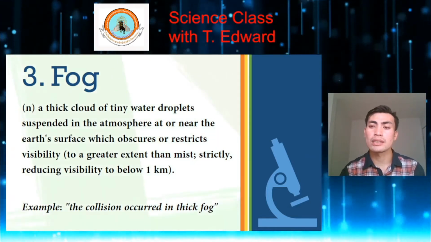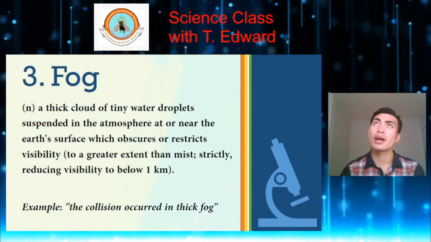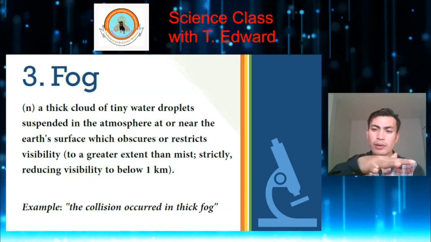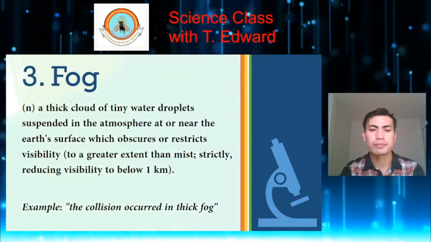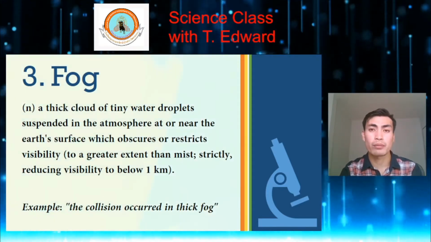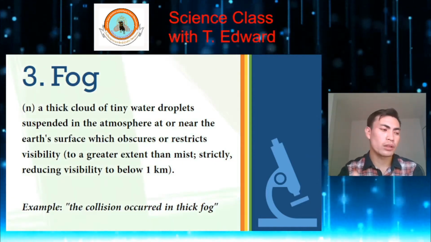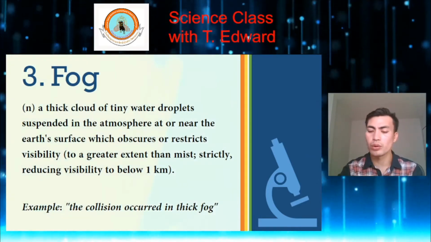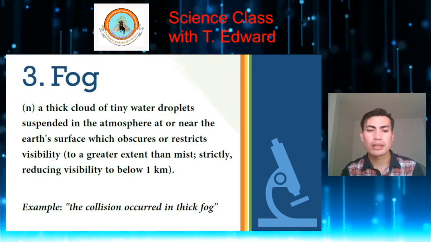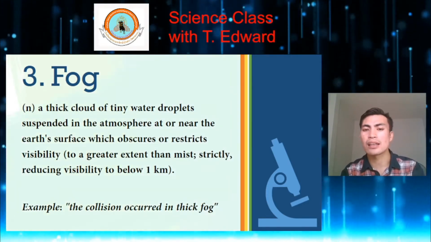So this is like a cloud, but the cloud is the one you can see above and the fog is the one you can see on the ground or near the Earth's surface. It is very difficult sometimes to see the people and the cars on the road if there is a thick fog. And sometimes collisions occur in a thick fog.